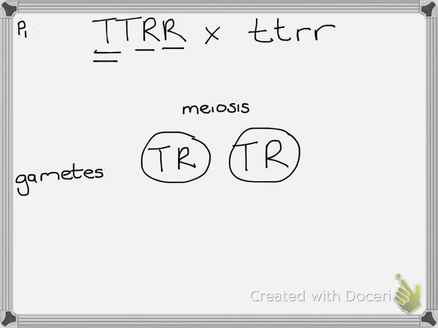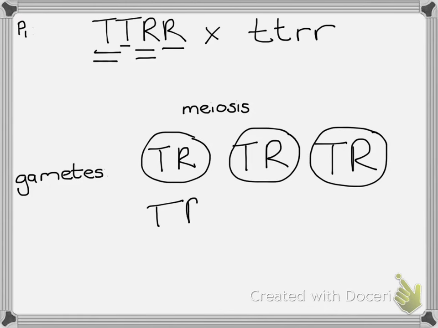And you will do it again for the second letter T and the first letter R. As you can see the pattern, you should have 4 gametes, each capital T, capital R. At the end of this, you would have used each of those alleles a maximum of twice.